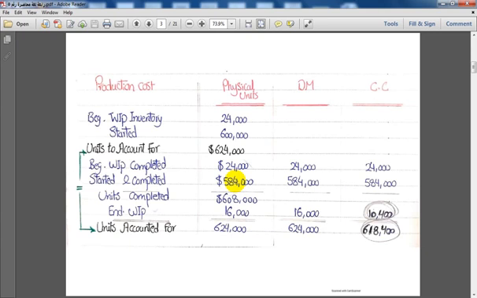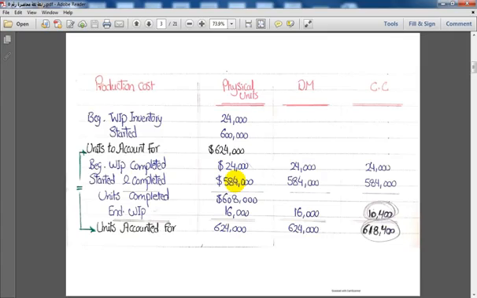The second element of output, ending work in process inventory. Its units 400,000. If we look at this row, ending work in process at 60% and direct material added at the beginning of the process.